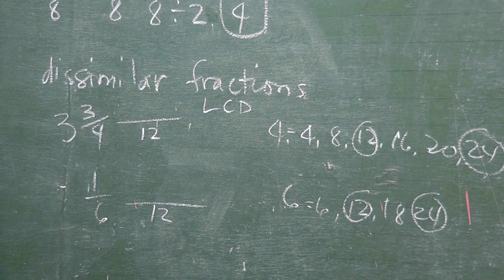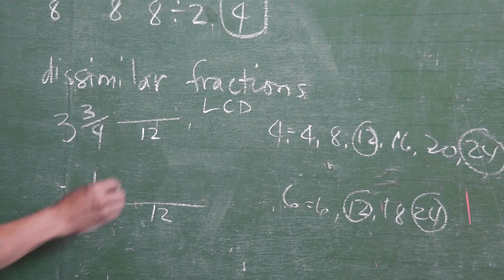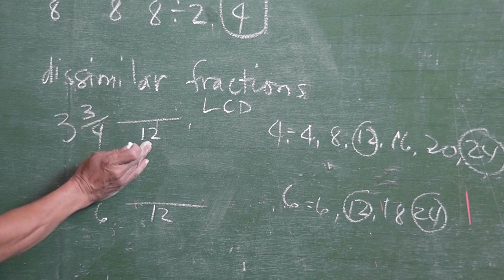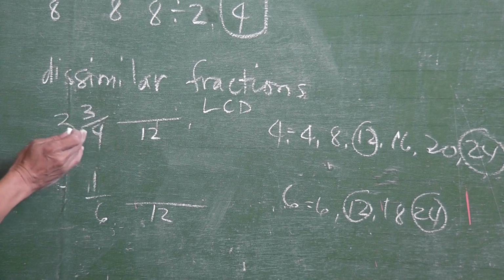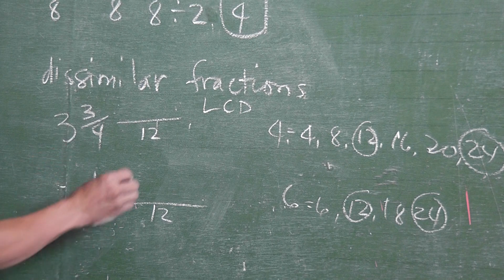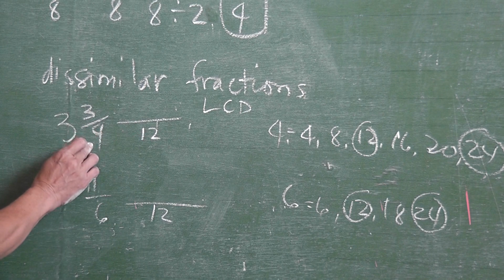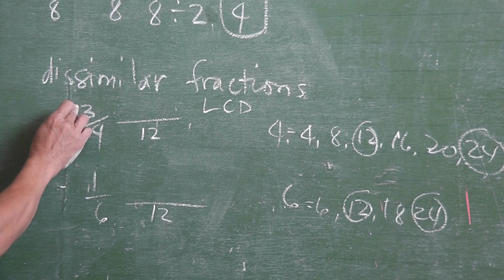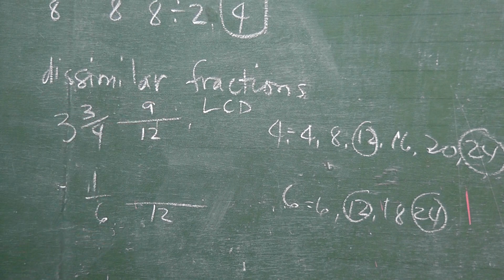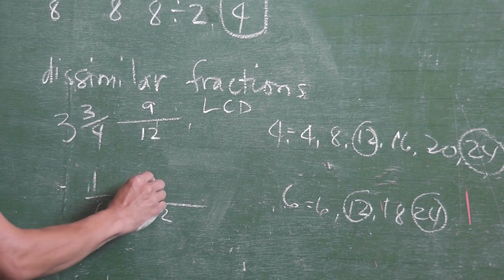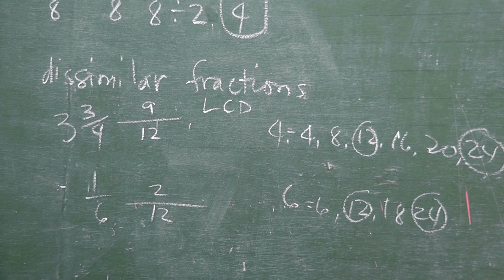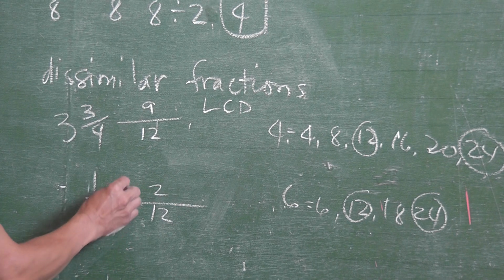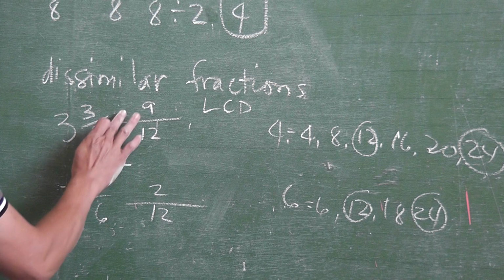And then we are going to divide, the same with addition. We'll divide our LCD by the denominator. 12 divided by 4 is 3, times 3, we multiply the numerator, is 9. And then 12 divided by 6 is 2, times 1 is 2. So we are going to subtract.